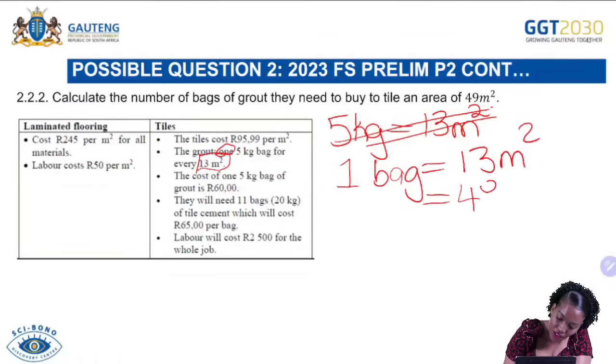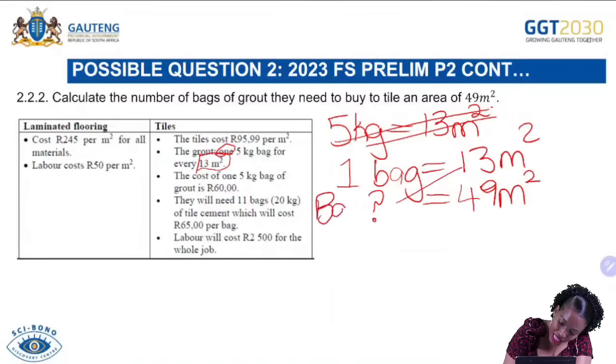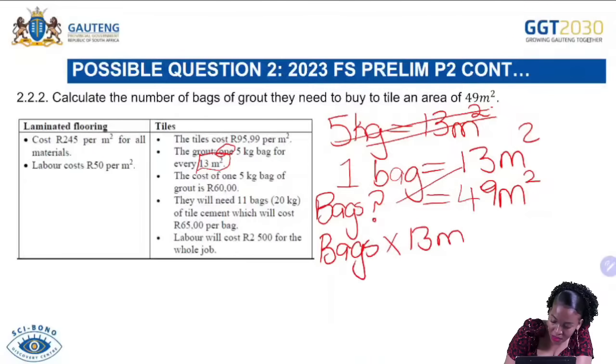And then what is the square area that we want to cover? We want to cover 49 meter squared. So I want to know how many bags must I buy. So I'm going to cross multiply. When you cross multiply, it means it is bags multiplied by 13 meter squared, and then 1 multiplied by 49.